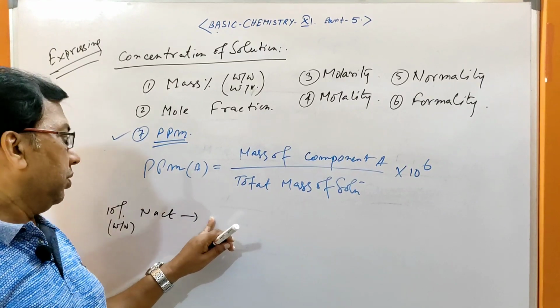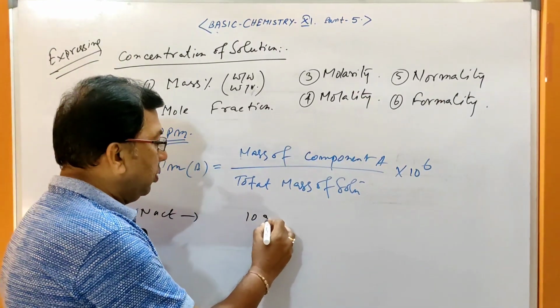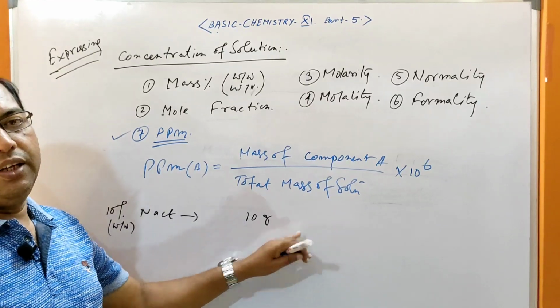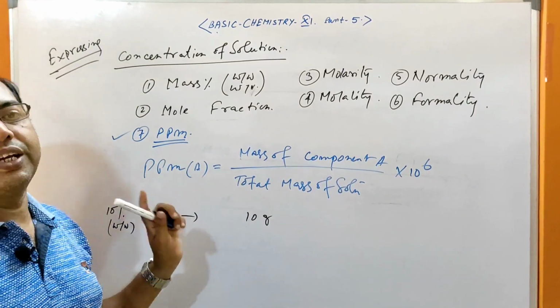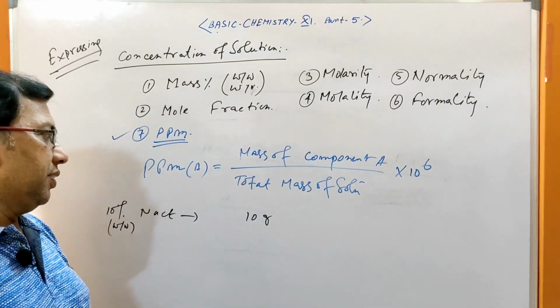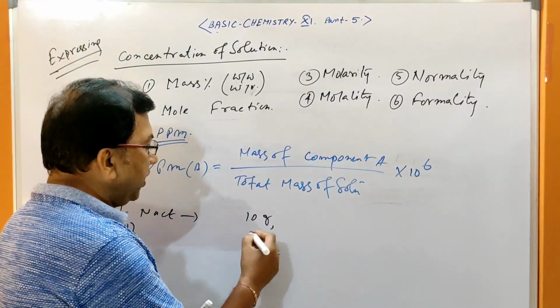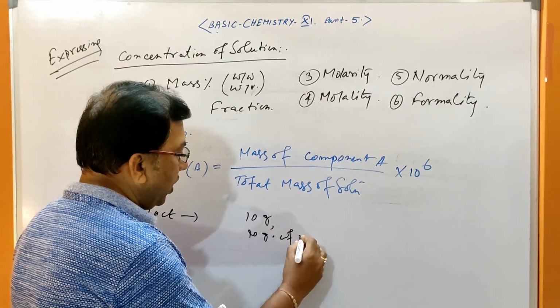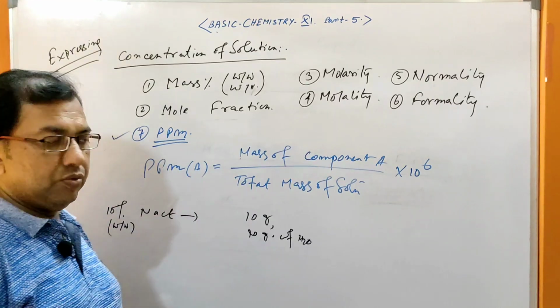It means 10 gram of salt, that is NaCl, is present in 90 gram of water, and the total mass of the solution is 100. The 10 gram of solute is present in 90 gram of water solvent.